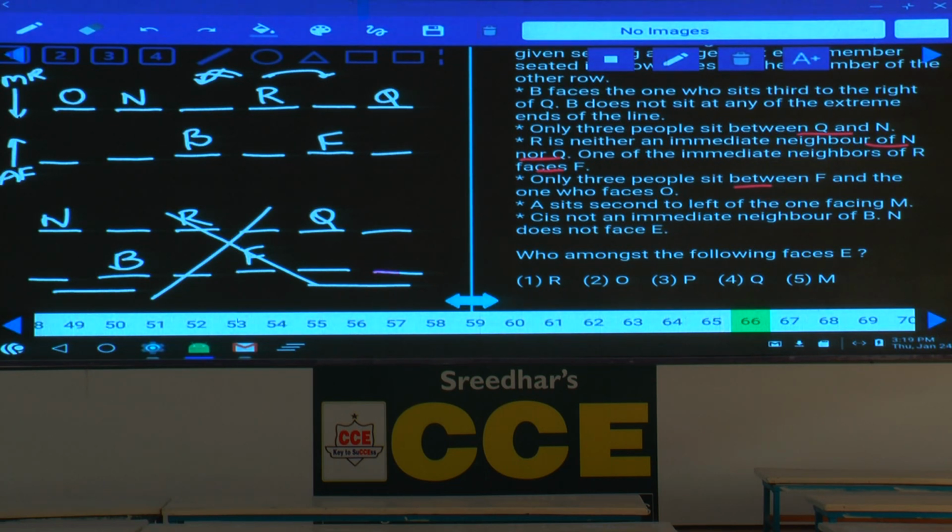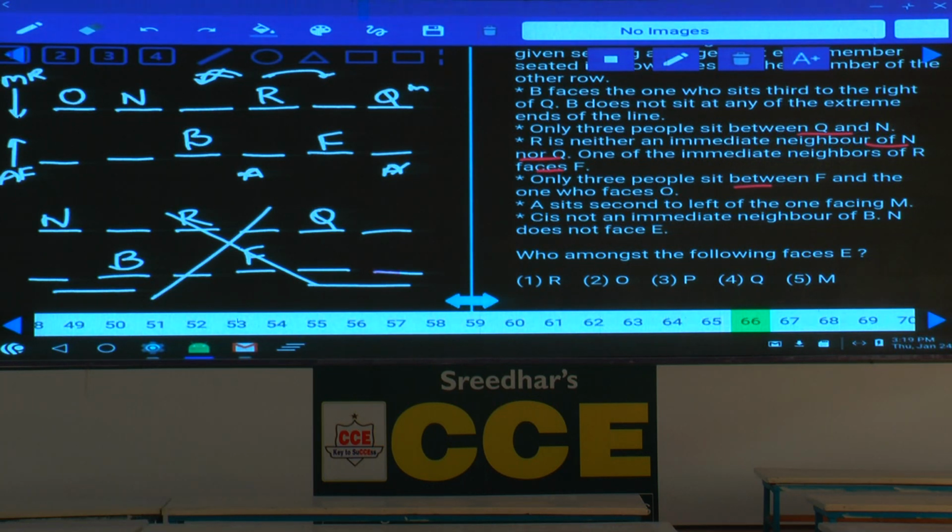And A sits second to the left of the one who is facing M. Now A is seated second to the left of the one who is facing M. A cannot be at this place. Can A be here? If A is here, then M and Q must be in the same place, which is not possible, isn't it? Hence, A cannot be here.